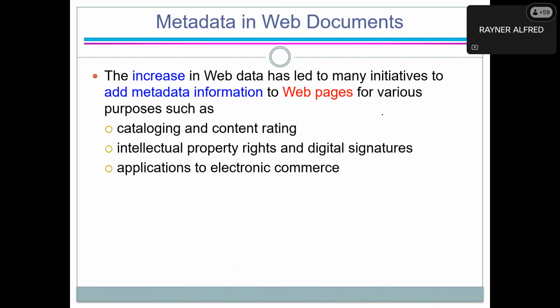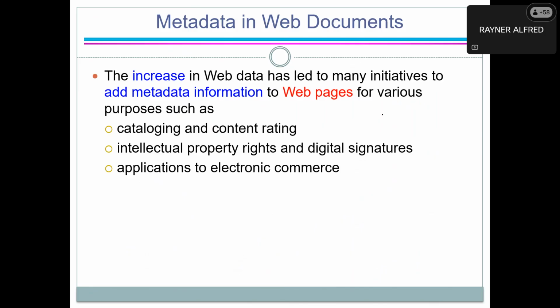Okay, that is for the book or journal or papers, but most of our information is coming from the web, right? So we also need to tag what kind of information that we can take from the web. So the increase in web data has led to many initiatives to add metadata information to web pages.